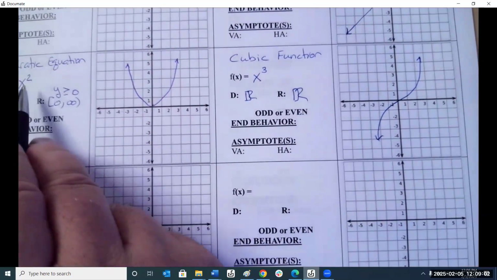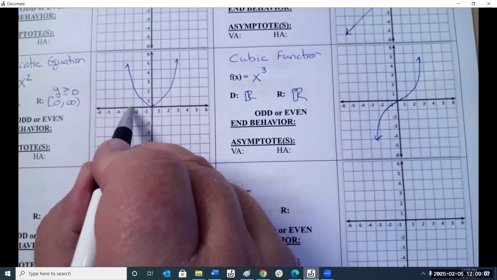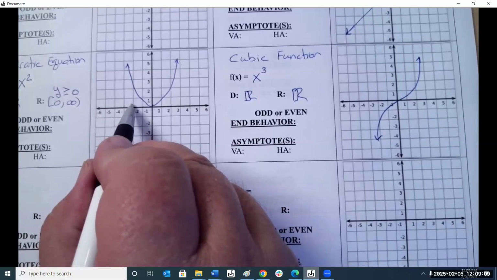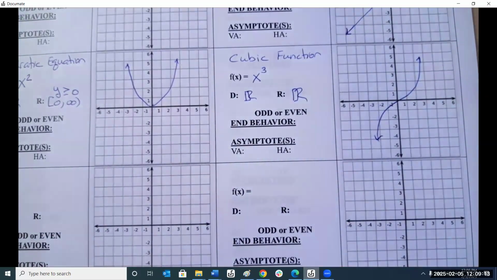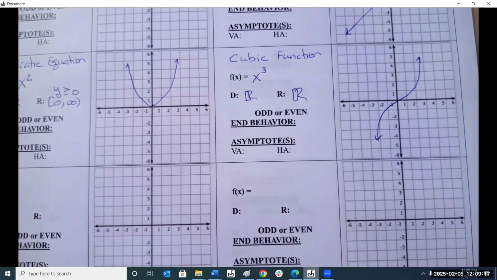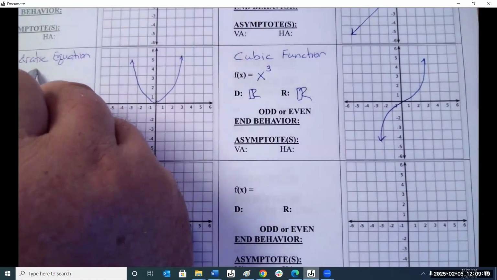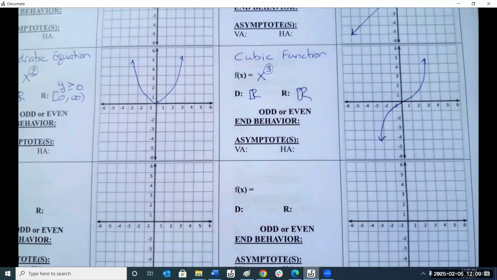Because it's squared. If you put a negative number inside and square it, what happens? It becomes positive. If you put a negative number and cube it, so -2 times -2 times -2, it becomes negative. So we can extend our logic by looking at the degrees.